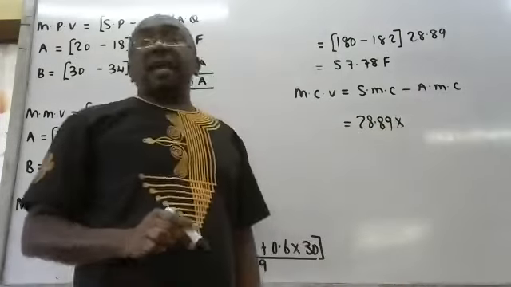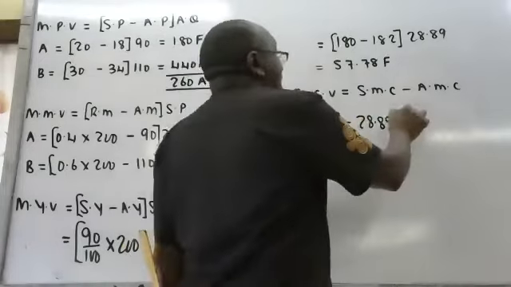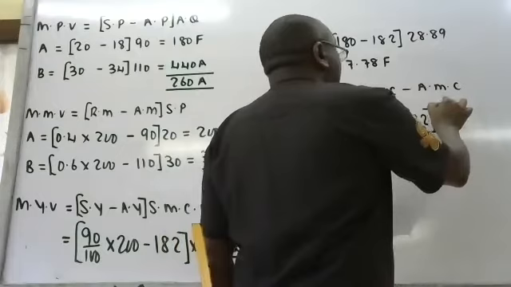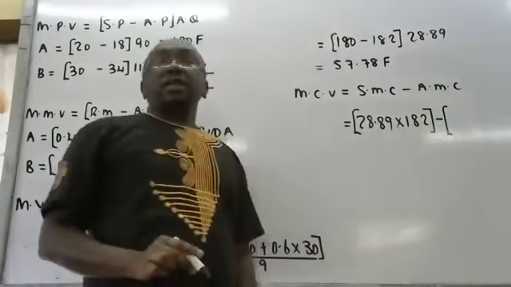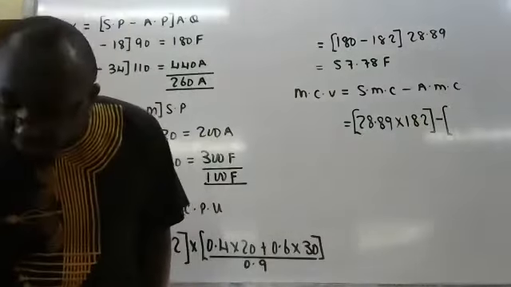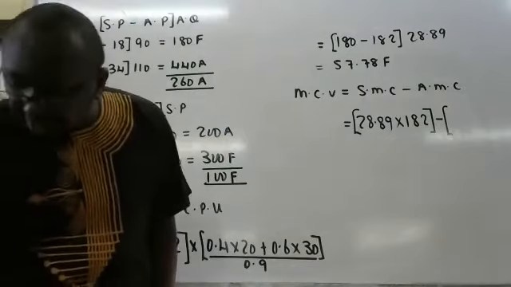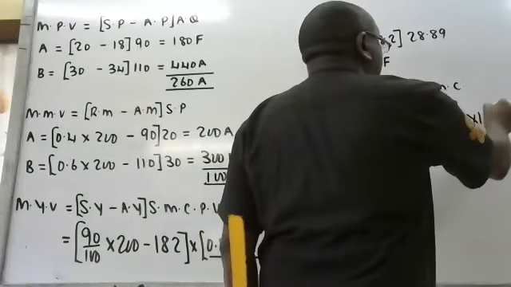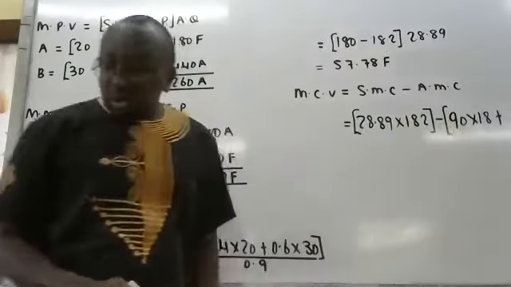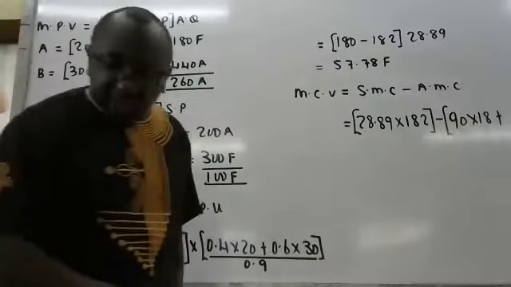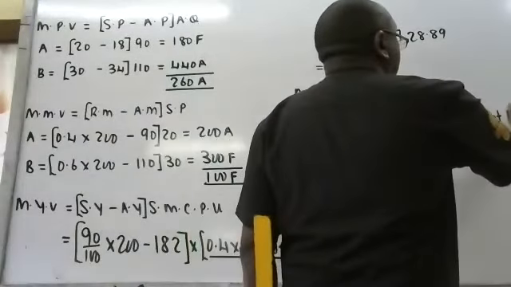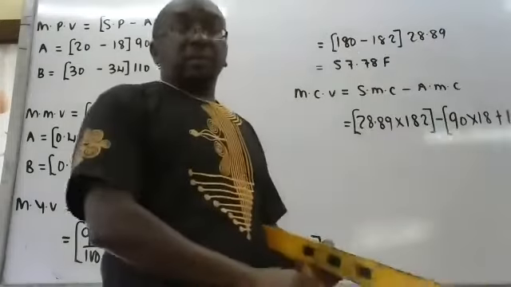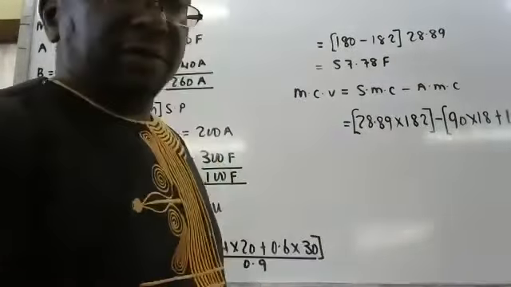You multiply by the actual units that were arrived at, that is 182, that is the standard. You minus the actual. For the actual, you go to the actual results, and find that we bought 90 kilos at 18 shillings. And then we also bought 110 kilos at 4 shillings.